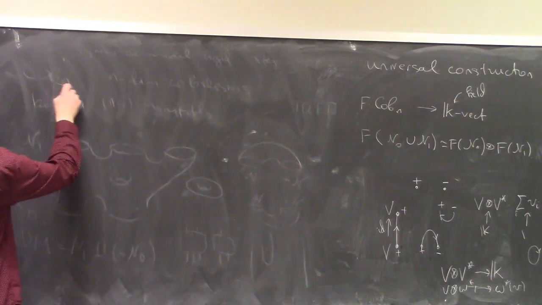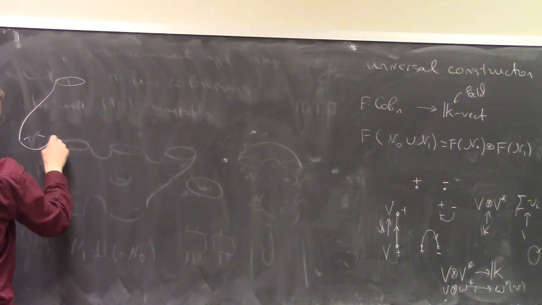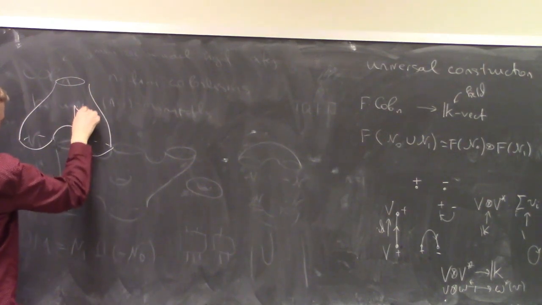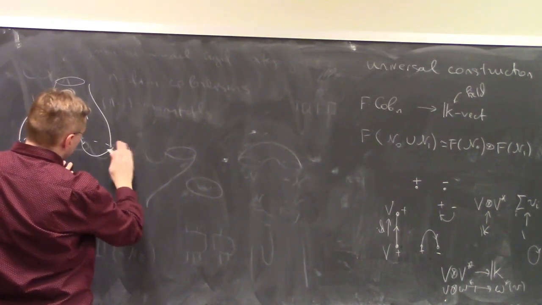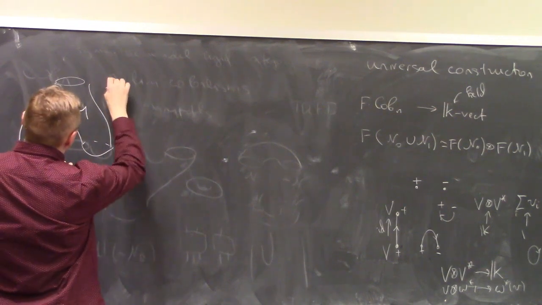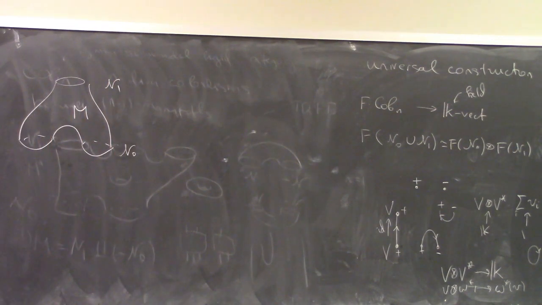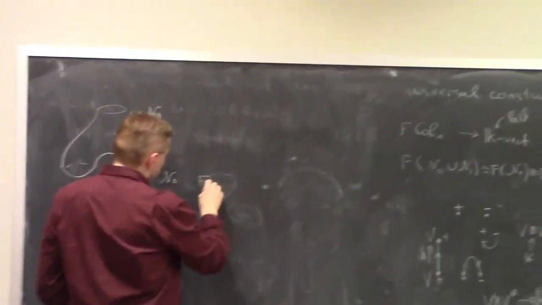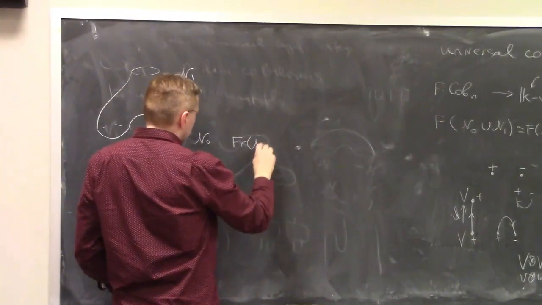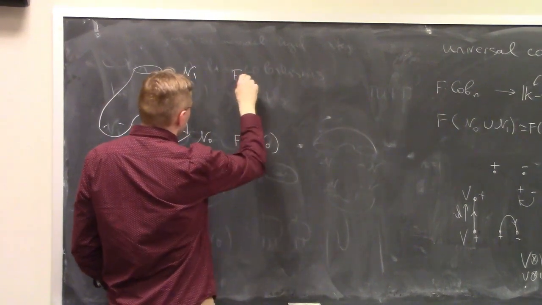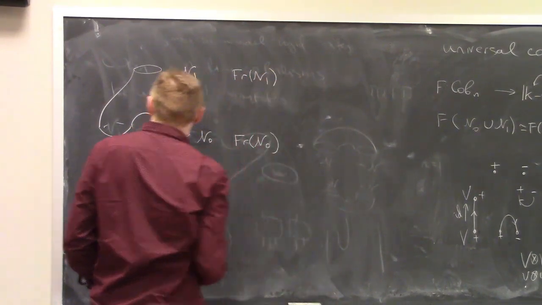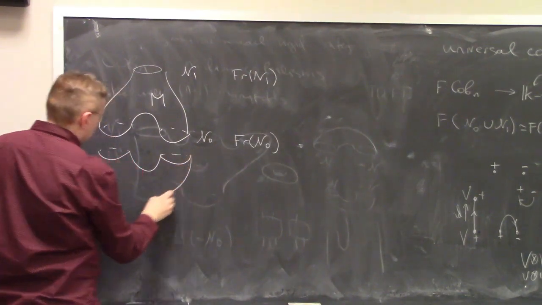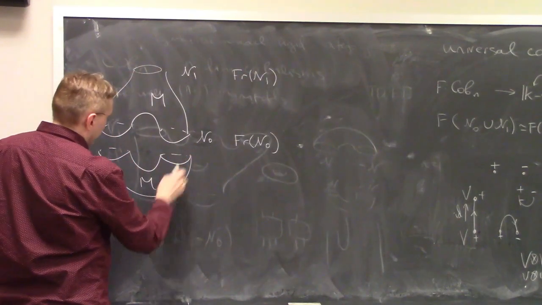Suppose you have a cobordism M from an n-1 manifold N0 to an n-1 manifold N1. Then we first claim that M induces a map of the large vector spaces, the free vector spaces on N0 and N1, as follows. So we can take a manifold M0 with boundary N0.